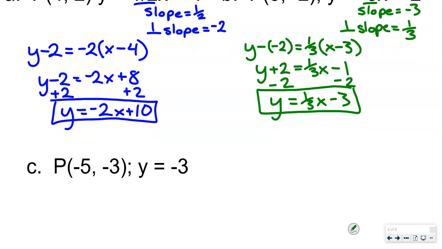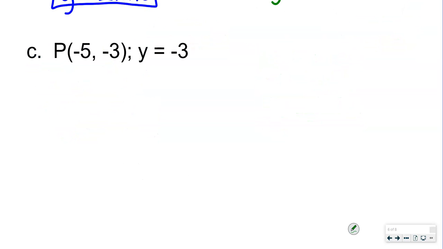And then one more example. It needs to be perpendicular to the line y equals negative 3 and pass through the point negative 5, negative 3. So if we know it's got to be perpendicular to y equals negative 3, which is a horizontal line, we need a vertical line.